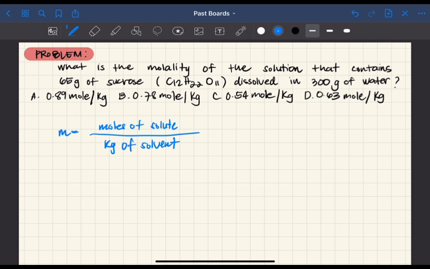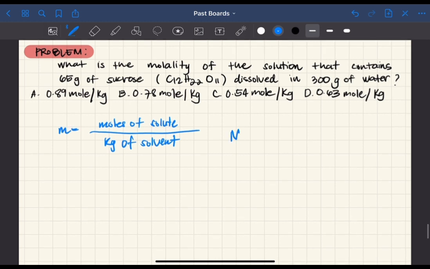So first, we need to get the moles of solute. However, the molecular weight of sucrose is not given.